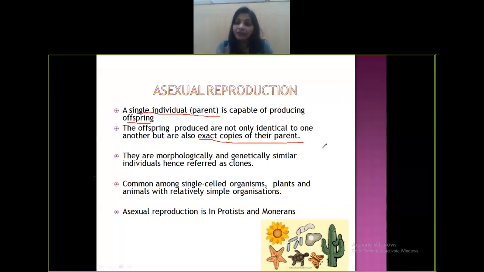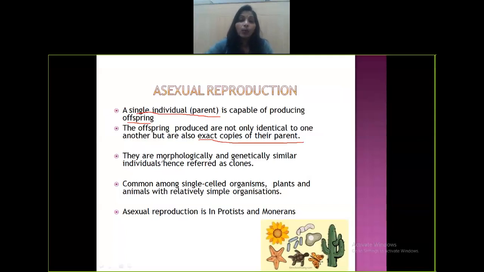But there is no difference between one and the other. They are exact copies of their parents. We are not exact copies of our parents. There is a variation. We look different. But in asexually reproducing organisms, they are exact copies of their parents.